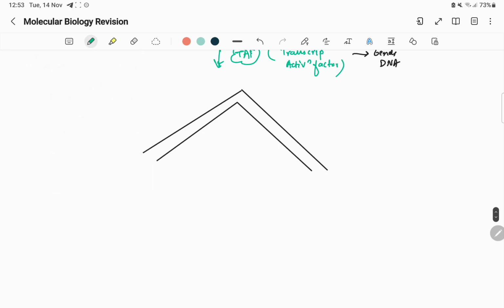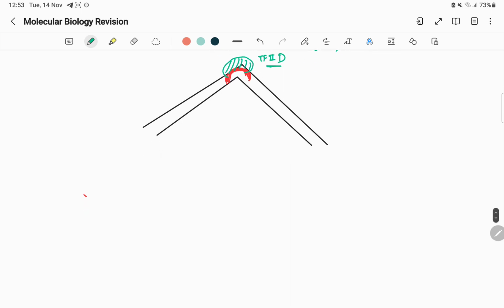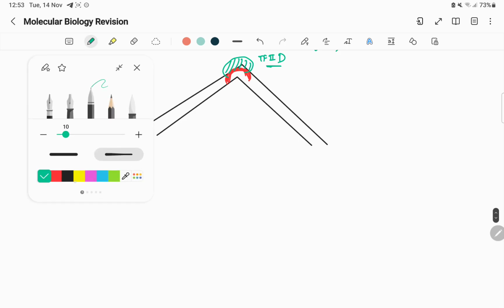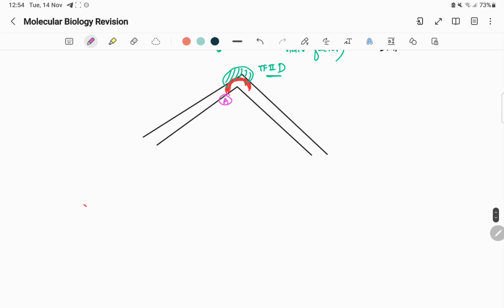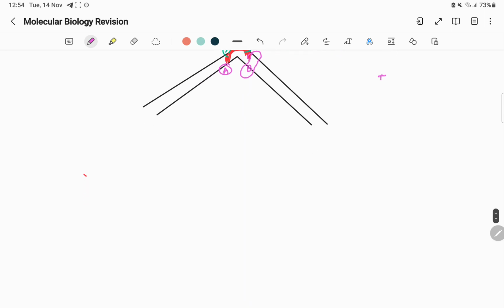So here you have your TATA binding protein, TBP, and above it you have TF2D. Then TF2A and TF2B get attached. What is the function of TF2A and TF2B?